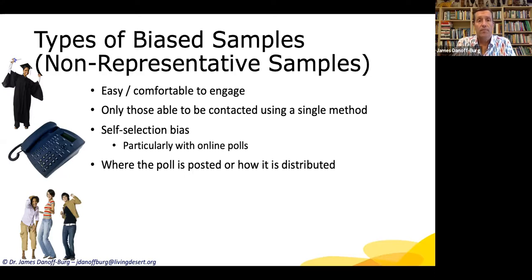Similarly, if we have a situation where we are only surveying people with an online survey, right? An online survey, like SurveyMonkey, is a common one that a lot of people use.